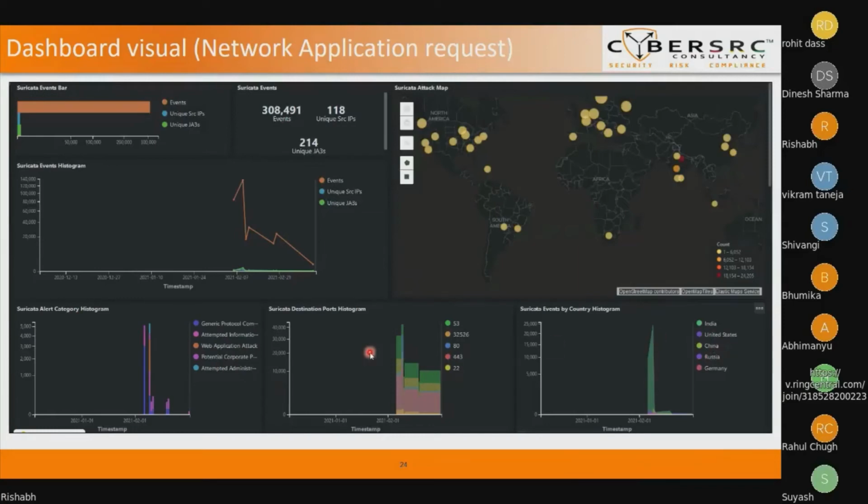The attacks were either generic protocol corruption, attempted information disclosure and web application attacks, or they were trying to get a shell on the system by doing malicious attacks like nmap attacks, SMB attacks, or any poisoning attacks. So that concludes this area.